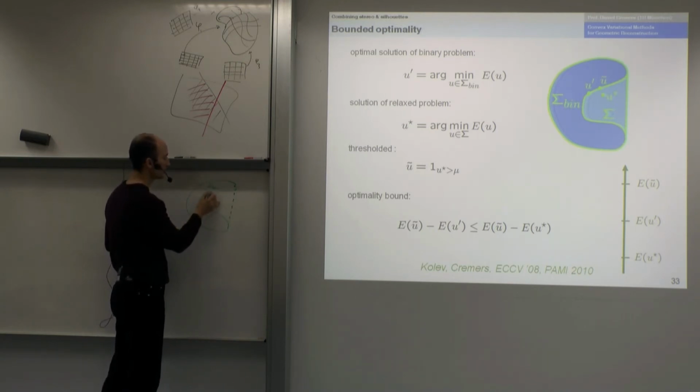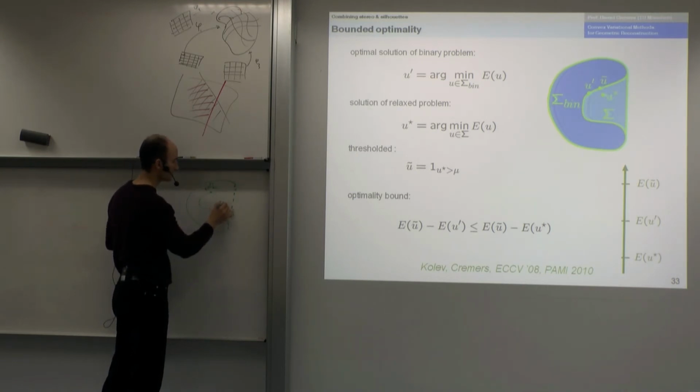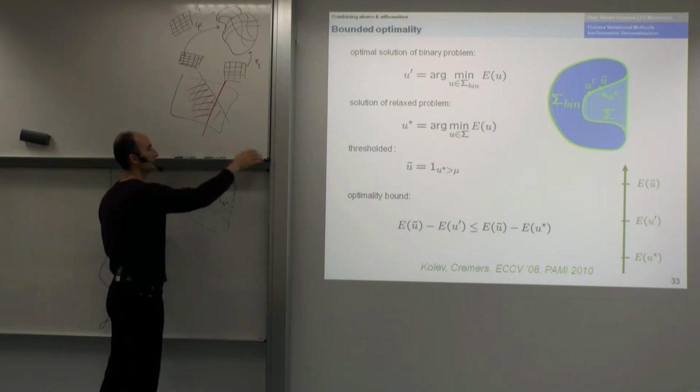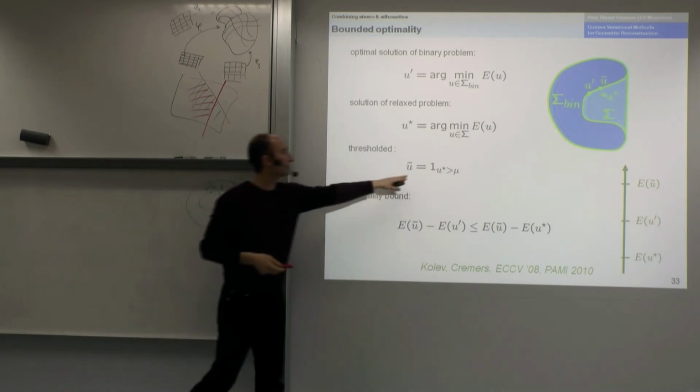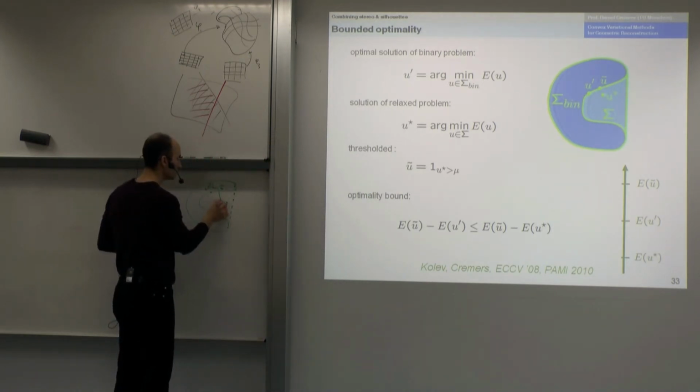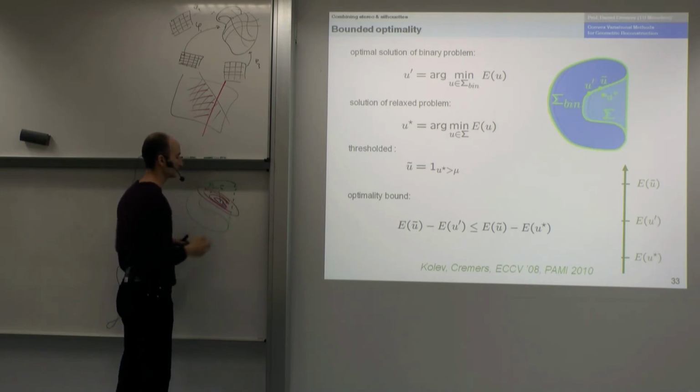And then I was saying we are interested in this u prime, here's my u star, and then I just find the nearest binary one, u tilde, by thresholding. But I have the cost function and I'm not using it in this binarization. What if I knew, since this is the global minimum, that the cost function has level lines of this type? What I should be doing is minimizing along the level lines.